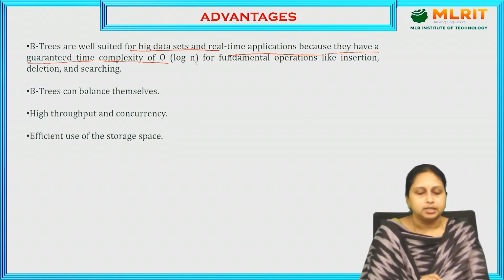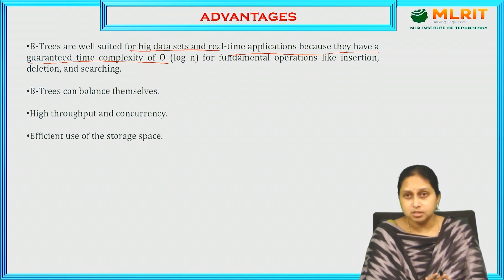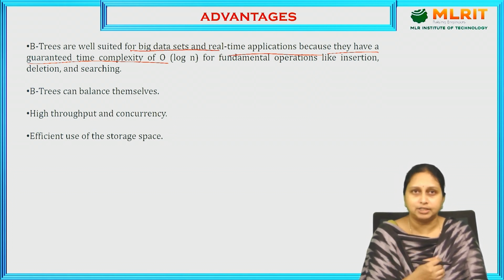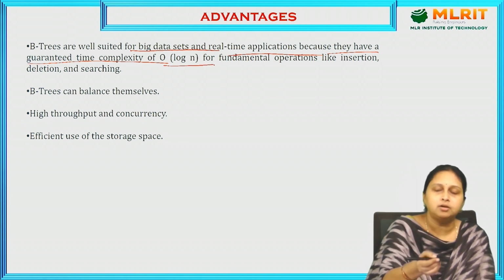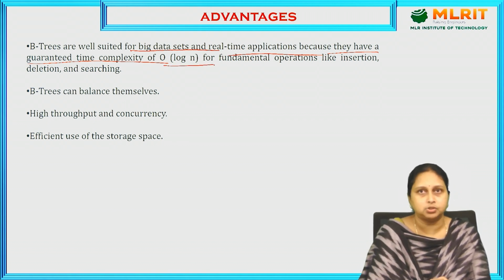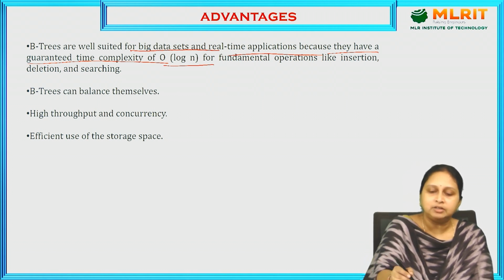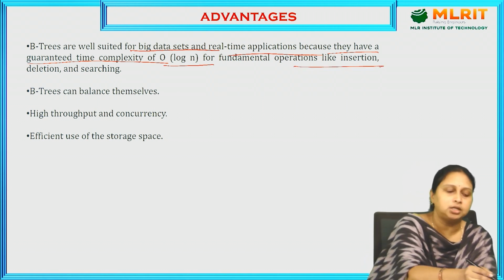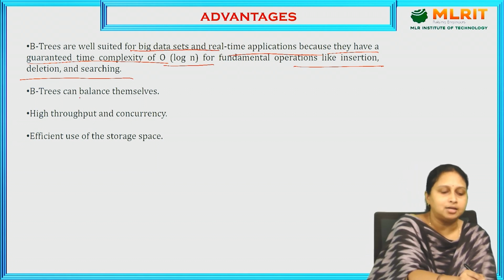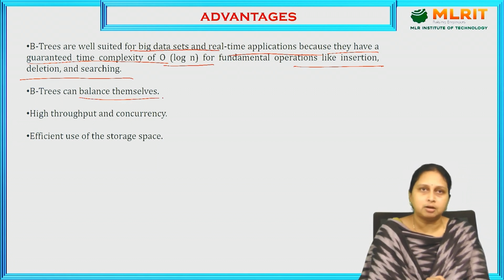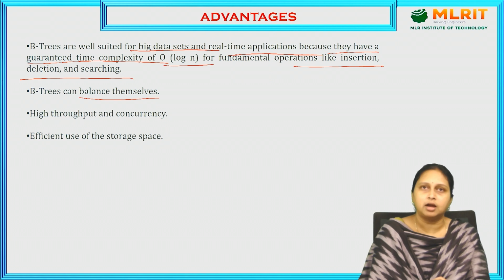In real-time applications, we don't have small data sets; we will have larger data sets. In that case, B-trees are more applicable when we check the time complexity of fundamental operations like insertion, deletion and searching, right? And B-trees can balance themselves. This is one advantage.